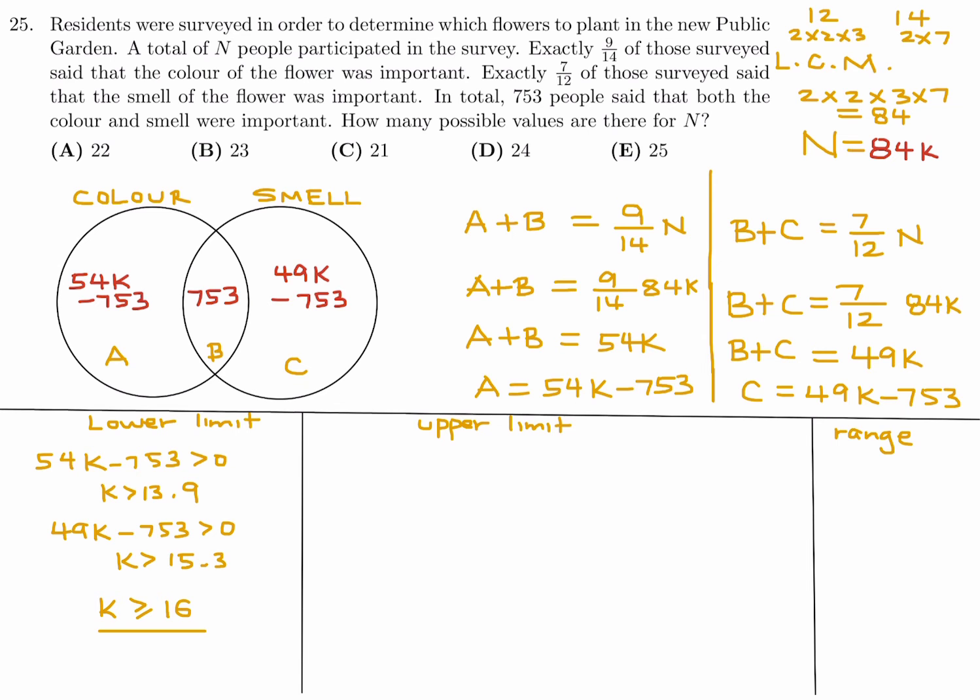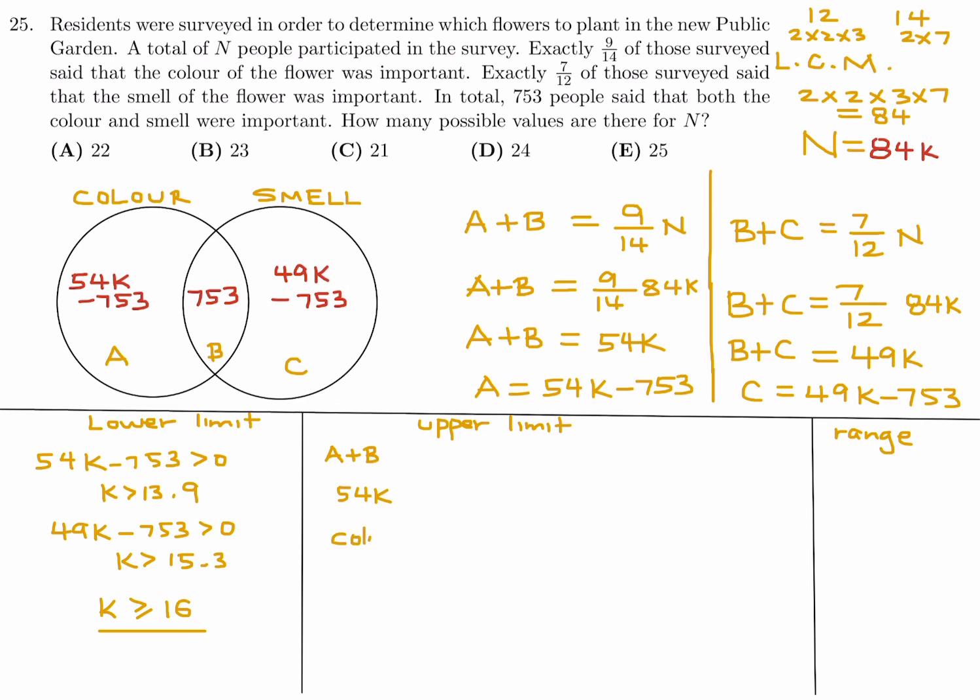Upper limit. Well, upper limit is looking at the fact that a plus b, as we figured out, was going to be 54k, right? We did that right here. A plus b is 54k. And that represents what? The number of people who felt that color is important.